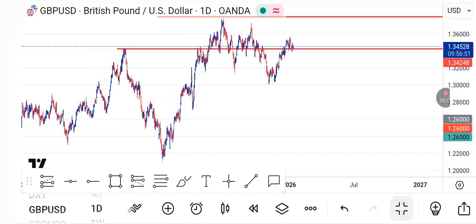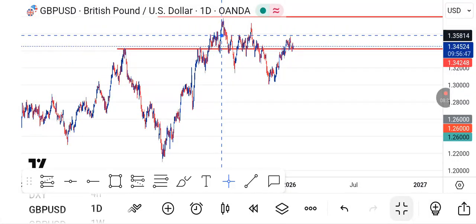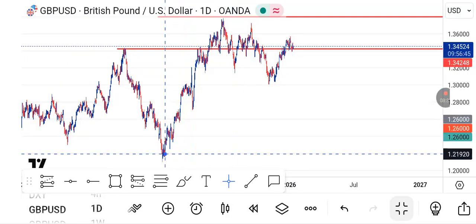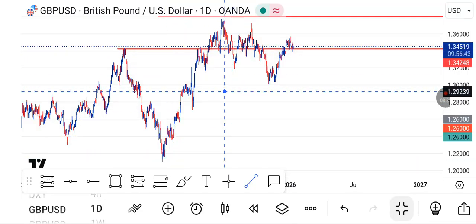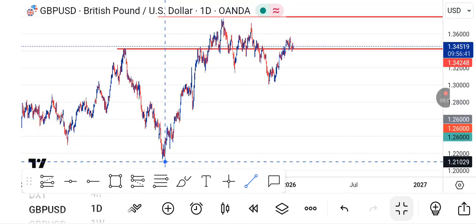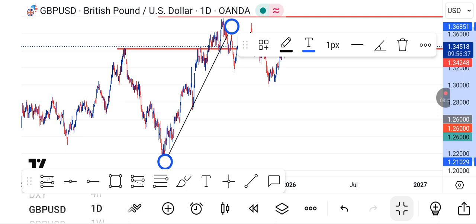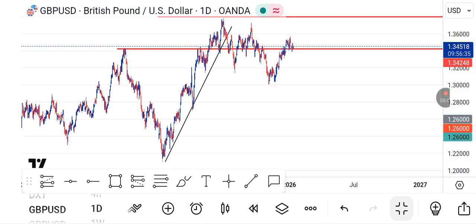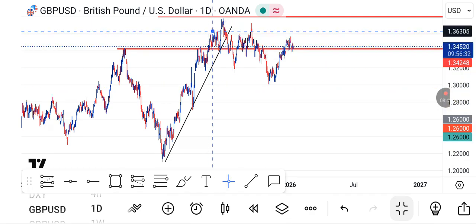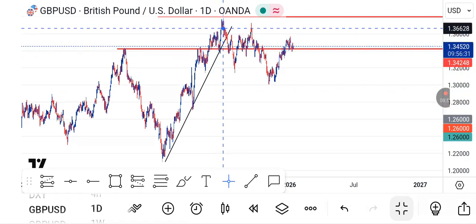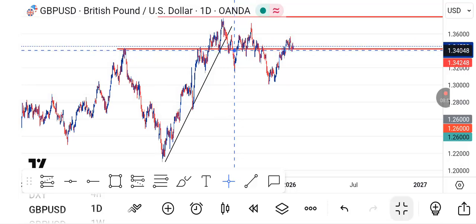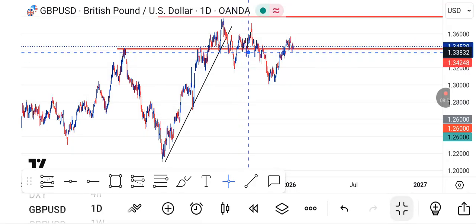look at what the market has been doing, which I have said for some time now: no real direction. This is a clear direction. When the market moves in this manner, it's a clear direction, a very nice direction. When the market continues to move in this manner, for me it is no clear direction.